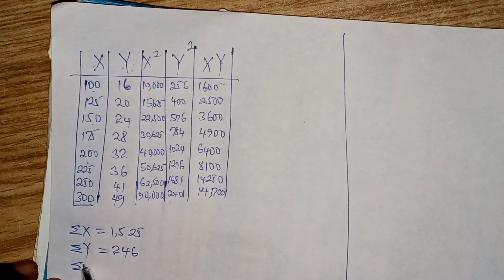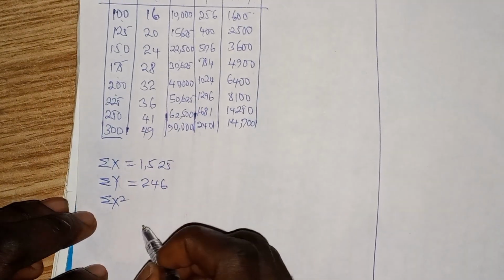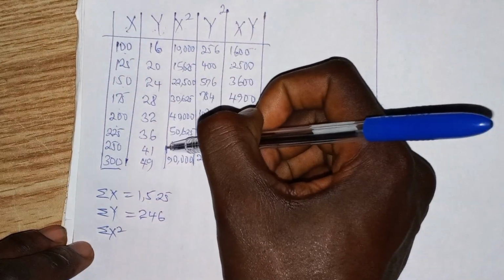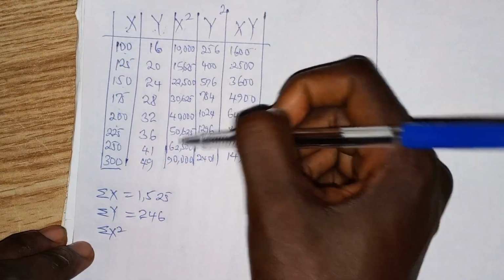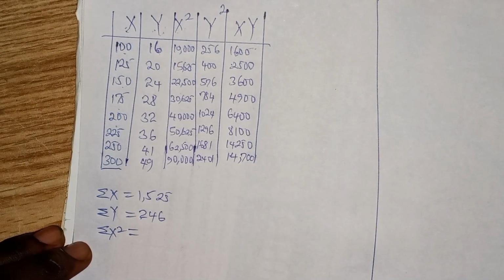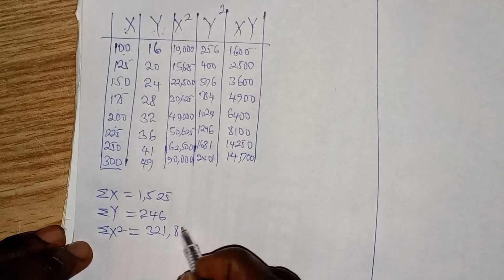Next, summation x squared gives us 321,875.